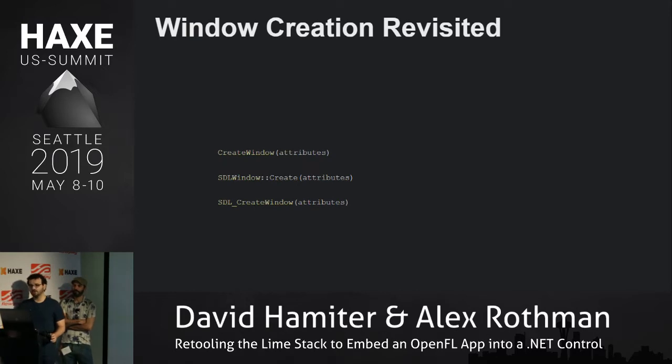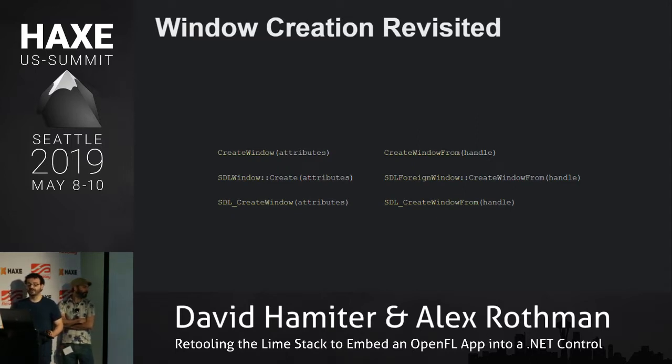Made no other significant change other than that. So you'll see we now have an SDL window create instead of constructor. And then in parallel, we created a new class called SDL foreign window, and SDL foreign window inherits from SDL window. And in addition to everything that's in the SDL window interface, it supports a create window from and takes a foreign handle. And you can see where this is going.